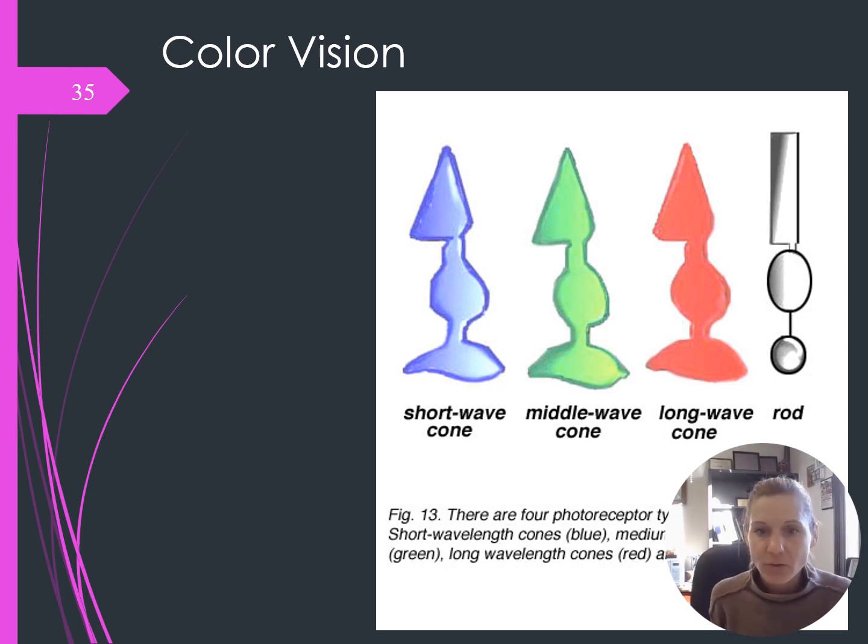What else? The rods are also going to be better at perceiving quick movements. Again, think of these as being important for survival. So if it's dark and there's a predator, or I'm worried about being chased or something along those lines, I need to be aware of quick movements. And I'm not so concerned with what color the tiger or lion is.